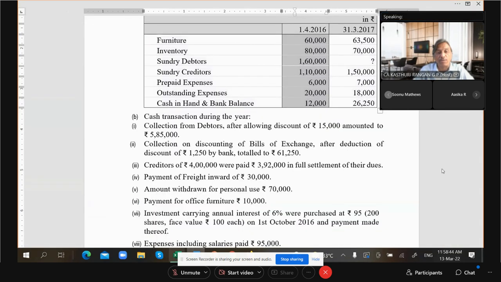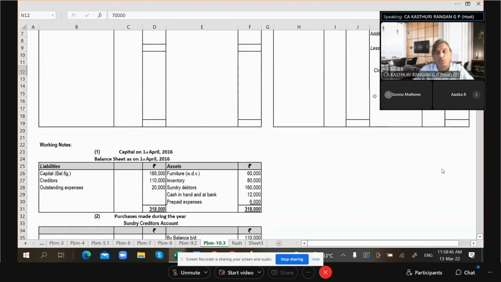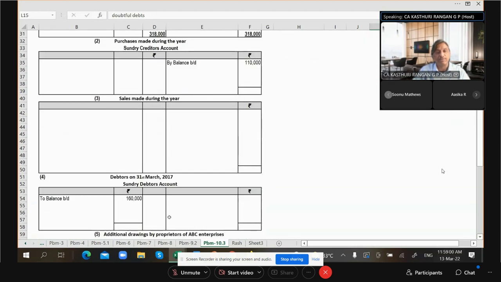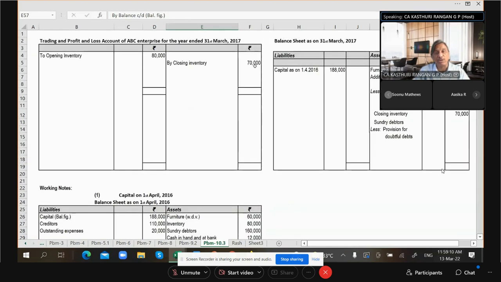Next. Closing debtor is not given in the problem, but definitely there will be a balance. So you put debtor, how much we do not know. After that, we have to make a provision. We can find the closing debtor from the debtors account as a balancing figure. So closing inventory should be put in trading account as well as in the balance sheet.